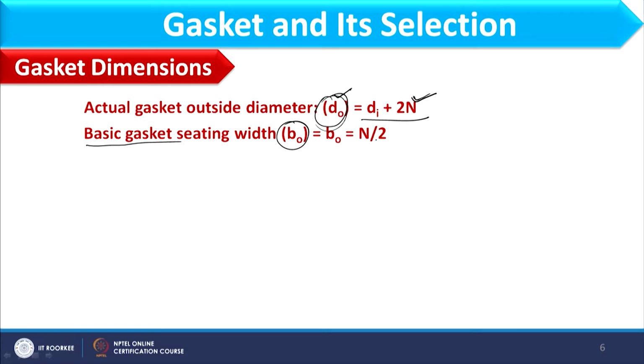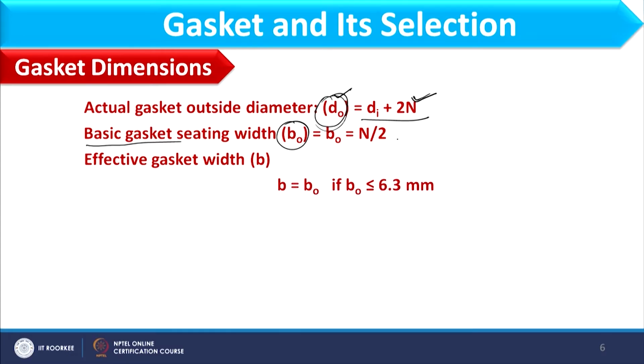So, B0 is basically N by 2, and effective gasket width can be found out as b equal to b0 if b0 is less than or equal to 6.3 mm, and b is equal to 2.5 root b0 if b0 is greater than 6.3 mm. So, in that way you calculate the gasket width.